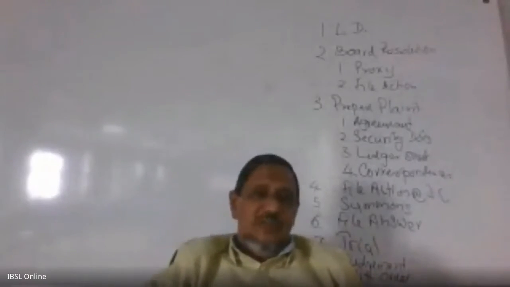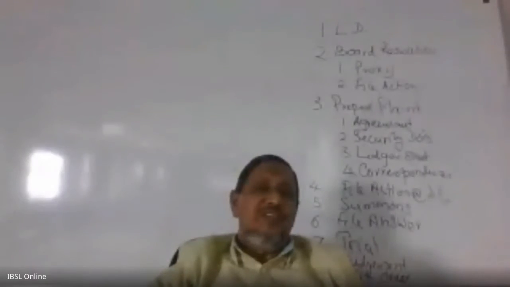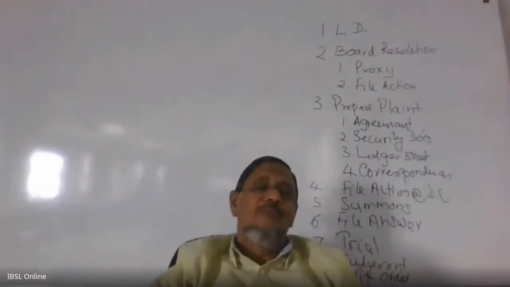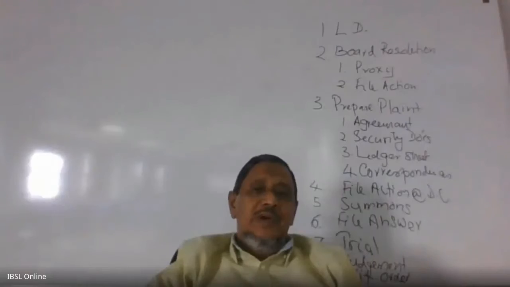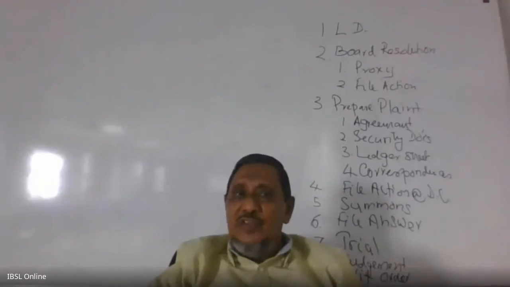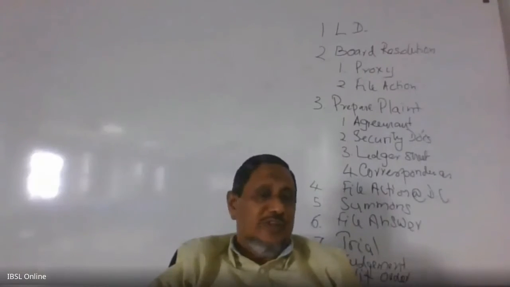Okay, so let's see what other benefits are given in the Debt Recovery Act. It's Section 25 of the Debt Recovery Special Provision Act number 2 of 1990. Now see the different areas given here.